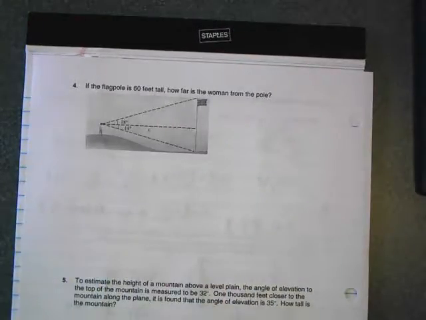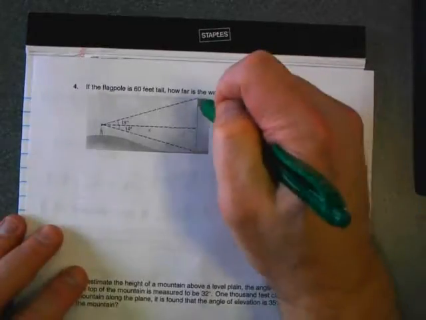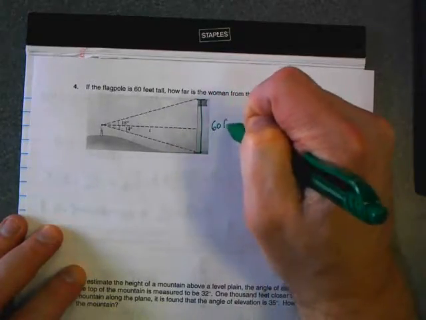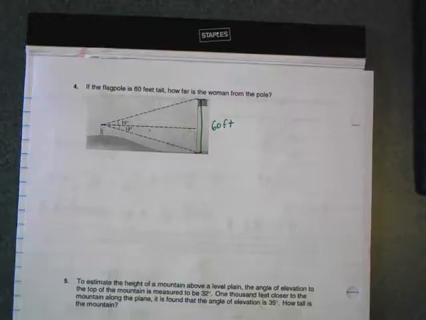All right. If the flagpole is 60 feet tall, how far is the woman from the flagpole? So this time they're telling us this distance is 60 feet. You have to find both of them separately.